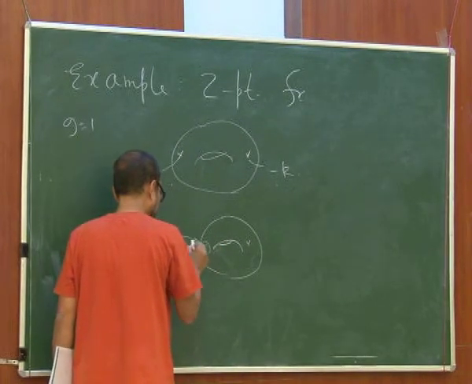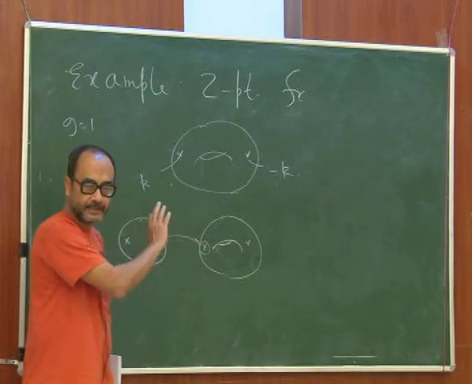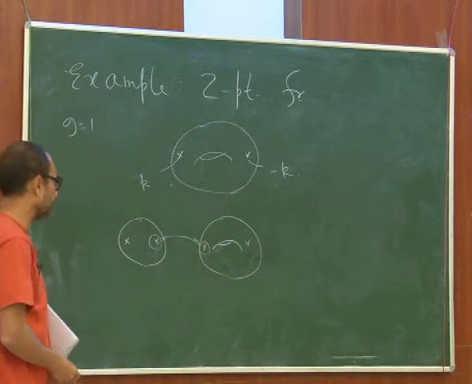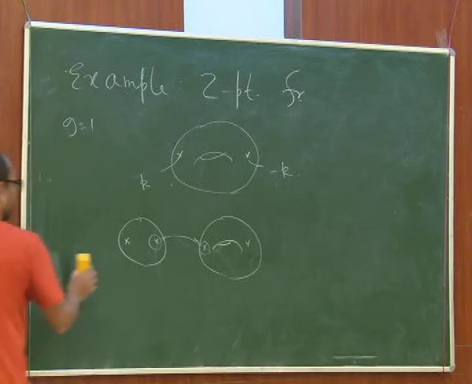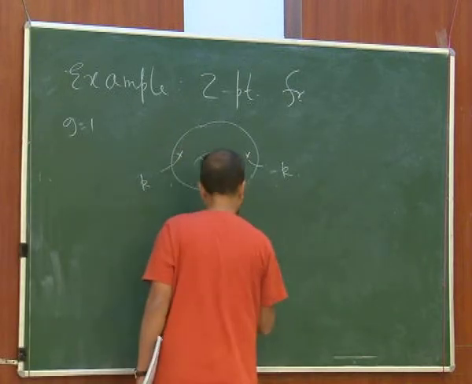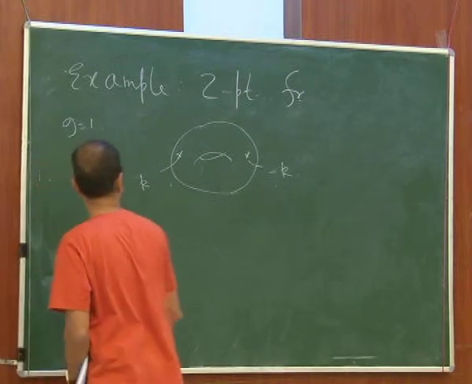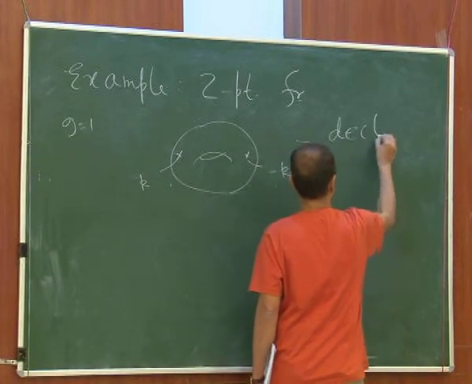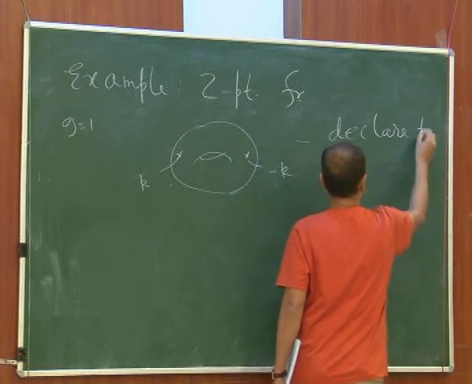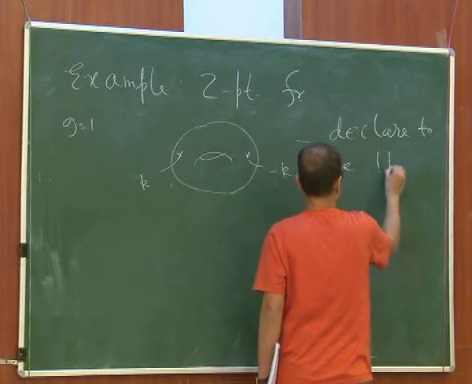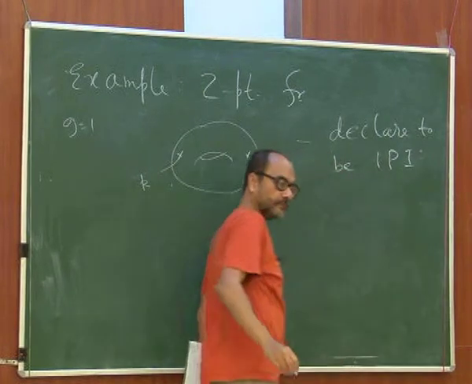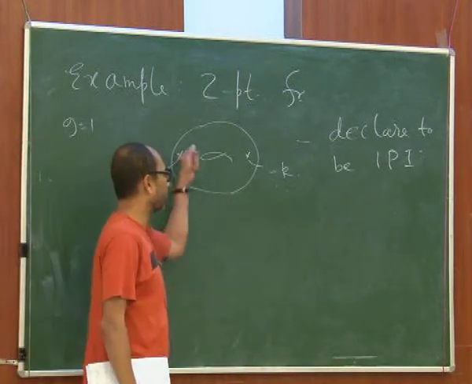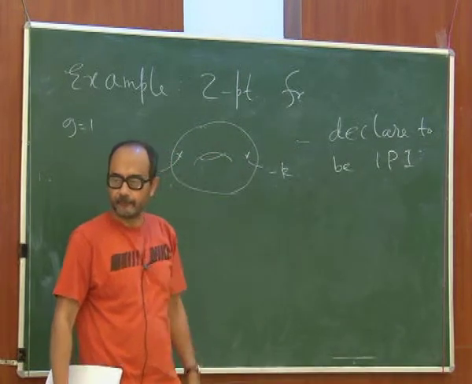But as we discussed last time, the 2-punctured sphere makes no sense. So you cannot get this by gluing something like this. So here we just declare everything to be 1PI. At this stage you have complete freedom in choosing the local coordinate system around the 2 punctures.